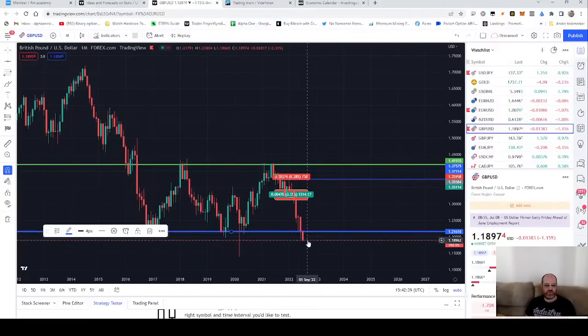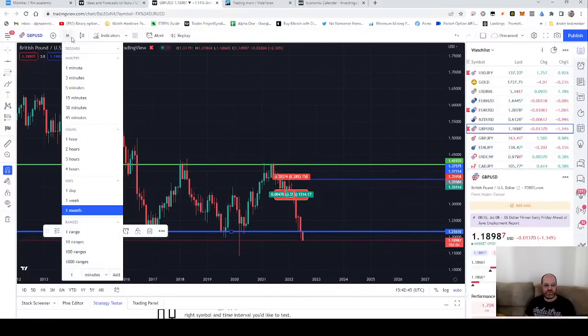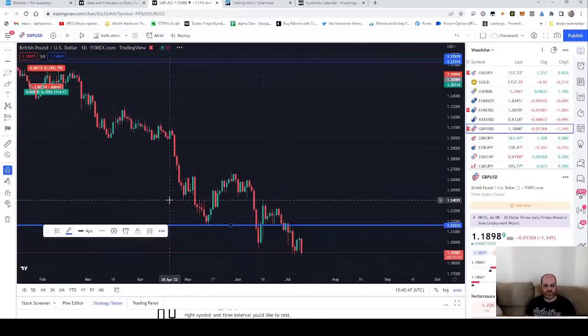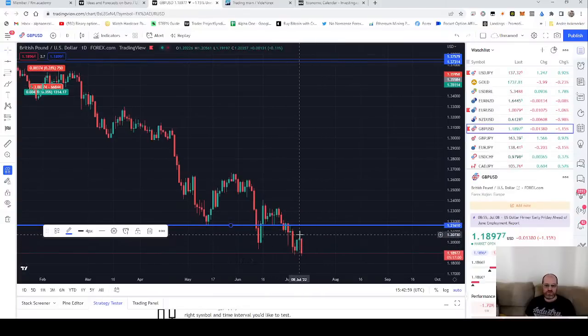We broke it to the downside on the monthly. So if you look on the daily, you see we've already broken it here, and we did go up above it. But on monthly we are looking downwards.